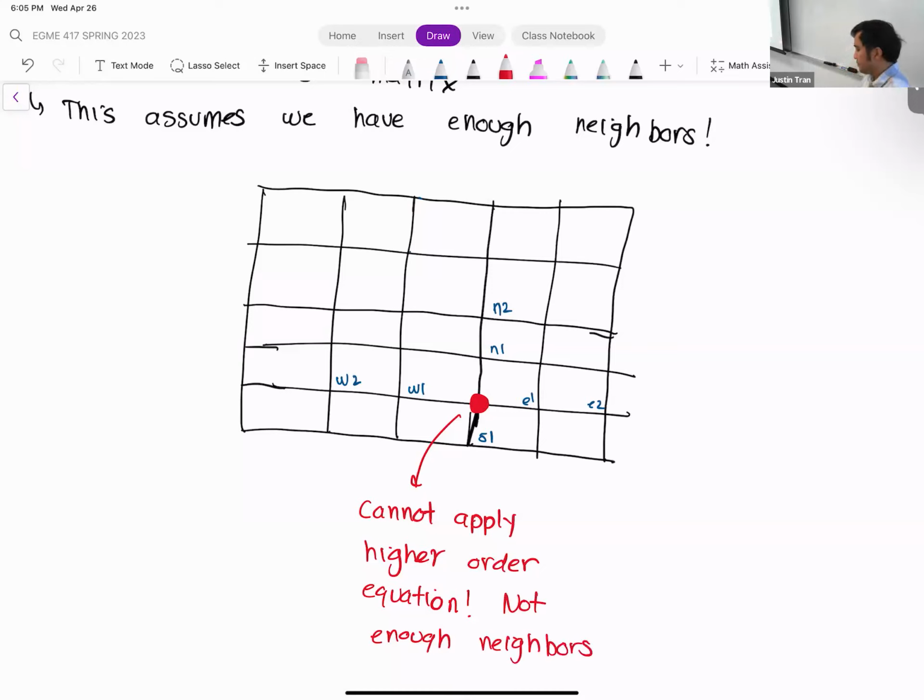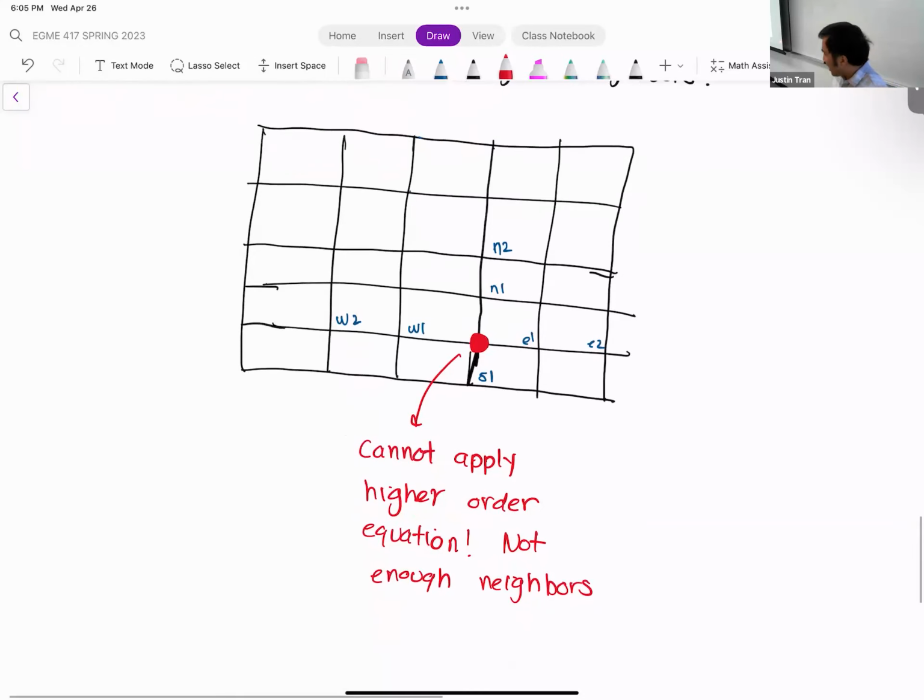Okay. So we can't apply a higher order equation. We can't apply boundary conditions because it's not on the boundary. And so the only option that this leaves us is to apply our usual, old school interior node equations that's not higher order.